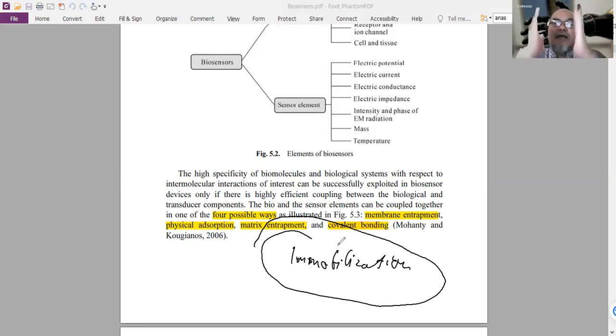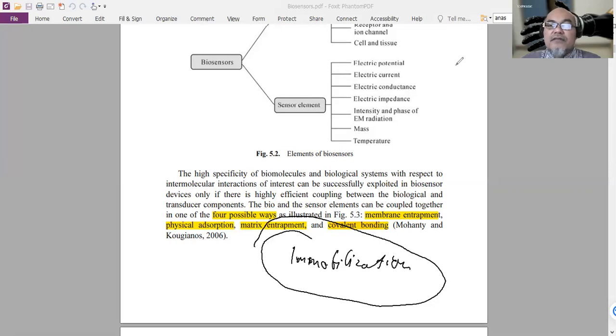Then we immobilize them, standing in a relatively ordered manner on the surface of the substrate, the surface of the transducer.